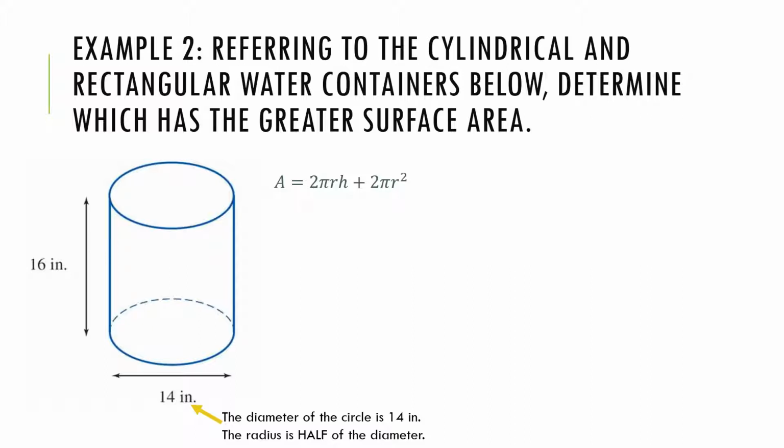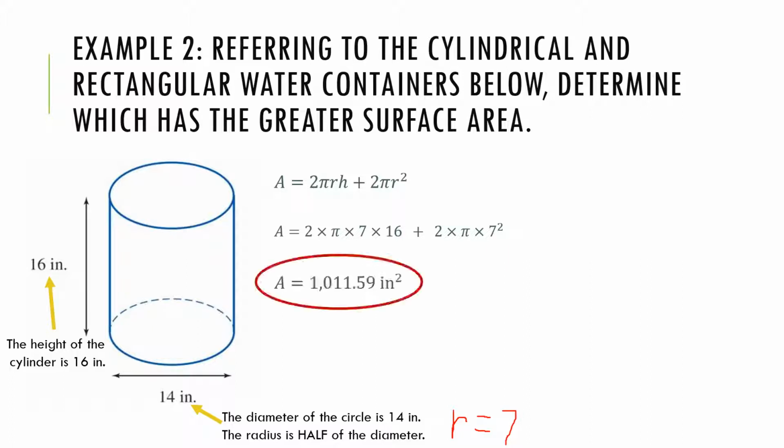We know that the radius is half of the diameter. We just did this, so you already know that the radius is 7. And we know that the height of our cylindrical water container is 16 inches. So let's plug in 7 for r and 16 for h. That gives us surface area equals 2 times pi times 7 times 16 plus 2 times pi times 7 squared.